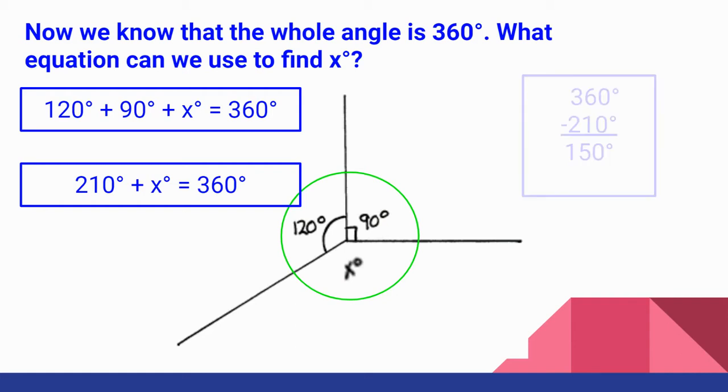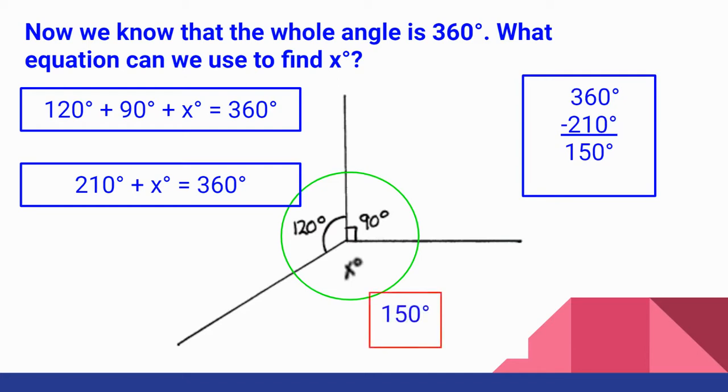Now we can subtract: 360 degrees minus 210 degrees equals 150 degrees. So now we know that the missing angle measure is 150 degrees. We're going to see more of these on the homework, but let's get to our second example in our slideshow.